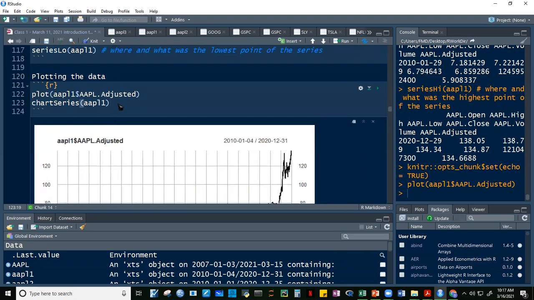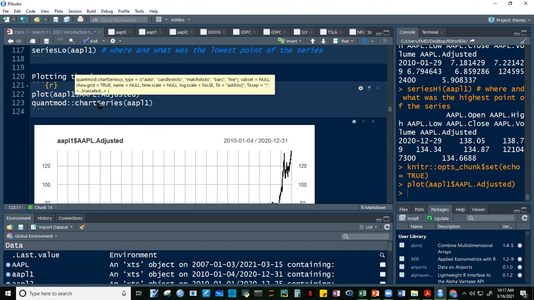Or we can use the chart series from Quantmod too. Let me just put Quantmod here. Okay, this means, guys, the Quantmod double colon means this chart series function comes from Quantmod.